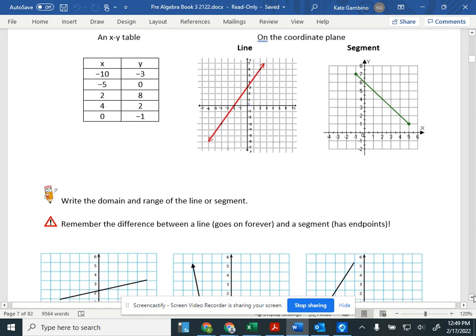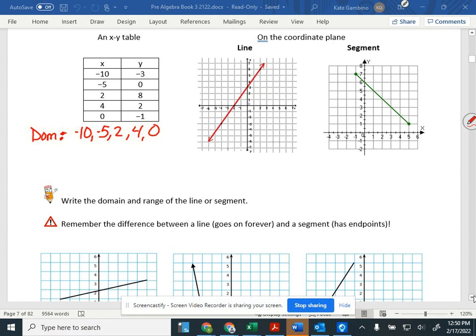So let's look at our XY table. What would our domain be? What is the domain of this table? What are our domains? What's the domain, Molly? It's a negative 10. Is it just negative 10? So list them for me. 10, negative 5, 2, 4, and 0. Yeah. In this function table, our domain are all of the x's.